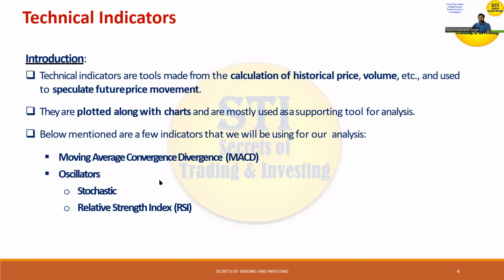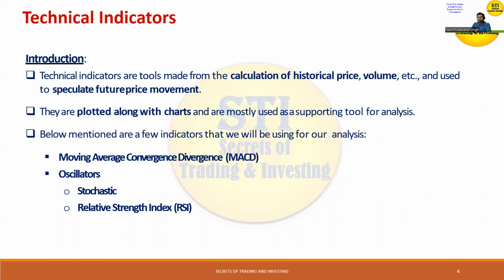So, a brief introduction about technical indicators. Technical indicators are a kind of tool derived from the calculation of historical price, volume, etc., and that helps in speculating future price movement.